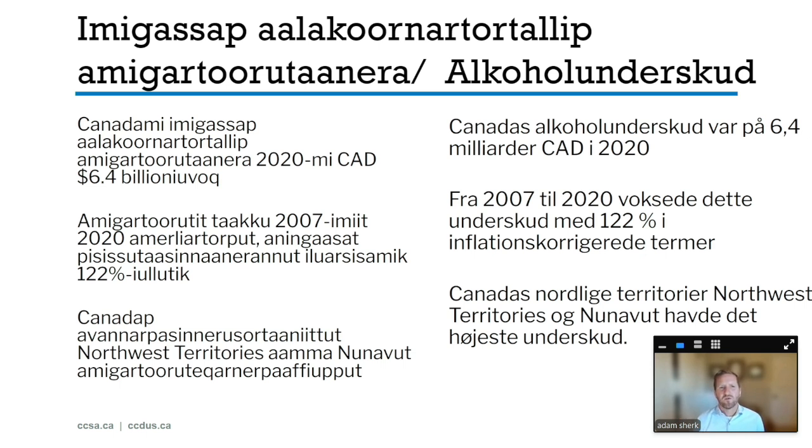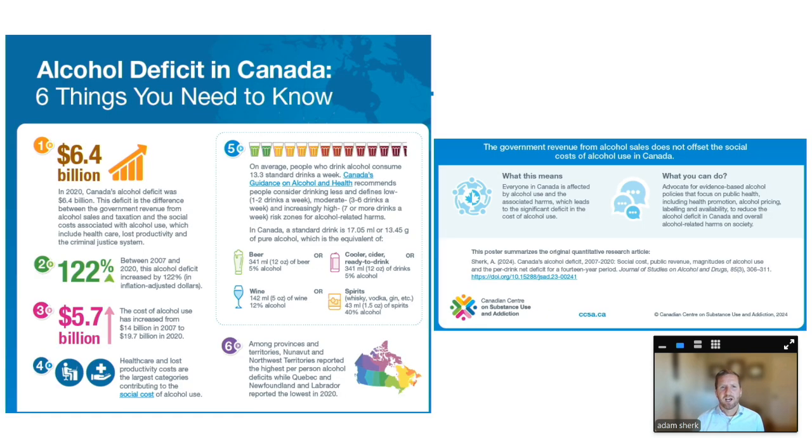And if we go to the next slide, which is the last slide, this is an infographic that my center, the Canadian Centre on Substance Use and Addiction, designed in relation to that article that we were just talking about. Where I work, the Canadian Centre on Substance Use and Addiction, we are a national NGO.